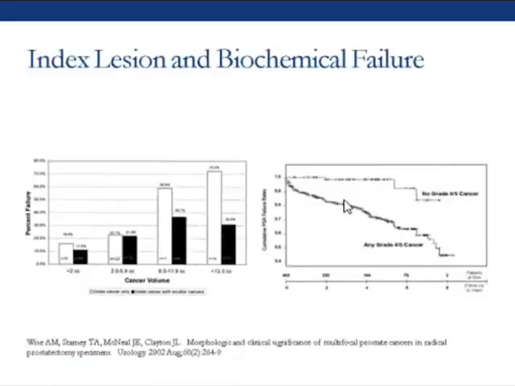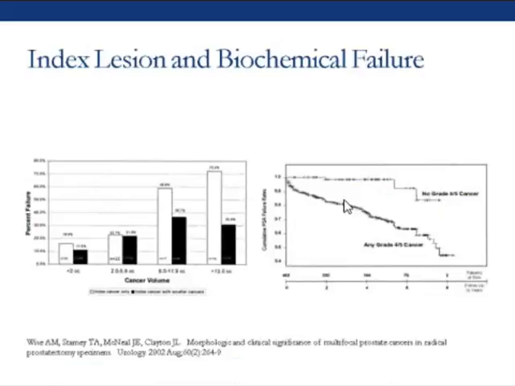And this is another study from Wise at Stanford. This is about 500 patients who underwent radical prostatectomy. What they looked at was the index lesion in unifocal disease, demonstrated by the white bar, and then the largest lesion, or index lesion, in multifocal disease, as shown in the black bar. When looking at biochemical failure, you can see that as the lesion increases in size, whether it's the index or multifocal disease, the biochemical failure increases.